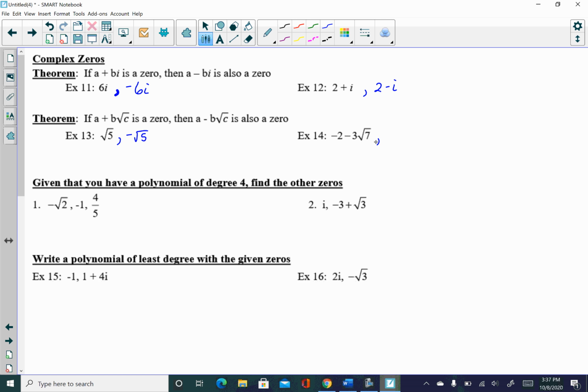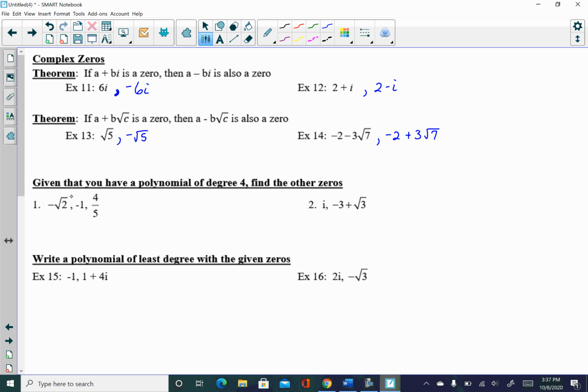On example 14, if negative 2 minus 3 square root of 7 is a 0, then negative 2 plus 3 square root of 7 is a 0. Imaginary and radical, your square root zeros come in pairs. But if you have a whole number, just because negative 1 is a 0 does not mean positive 1 is a 0. Okay, it's only these complex zeros like you see here.